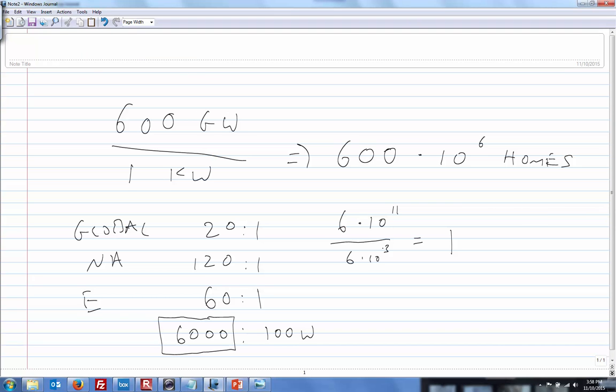So 6 divided by 6 is 1, that's 10 to the 8th. Yeah, that's 100 million people. It's more people than live in France, might be as many as live in France and England put together. So that's some pretty good juice.